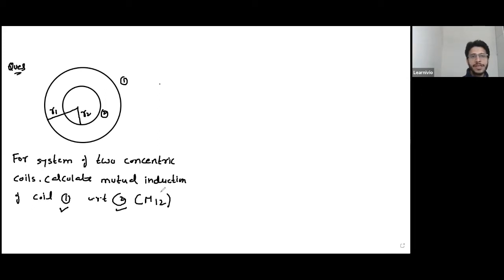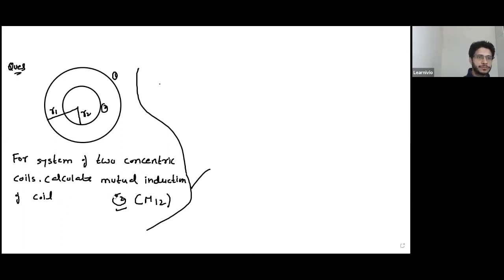Now tell me, current will pass through which coil? Through coil 1 or coil 2? So if you want to induce current in 1, if you want to induce EMF in 1, then current will pass through second coil, right? This is coil 1, this is coil 2. Okay, let's change this question now.